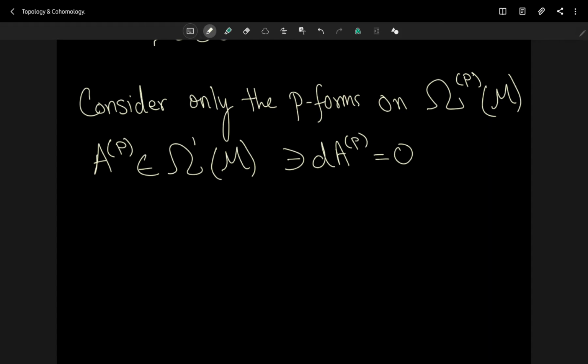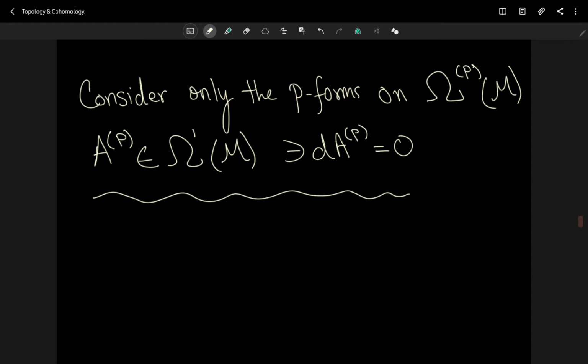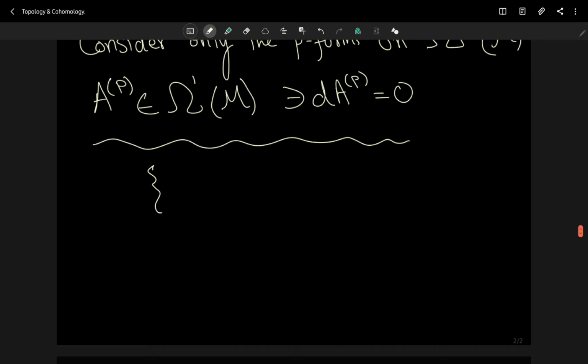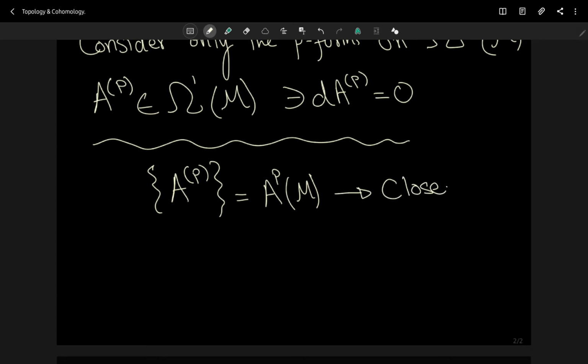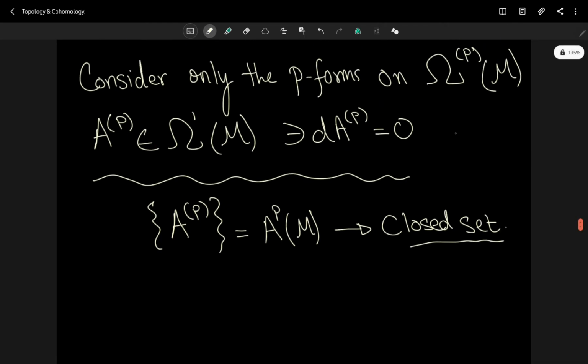If this is your case, then we call the set of all of these forms, that is A P of M, a closed set, if this thing is satisfied, right?